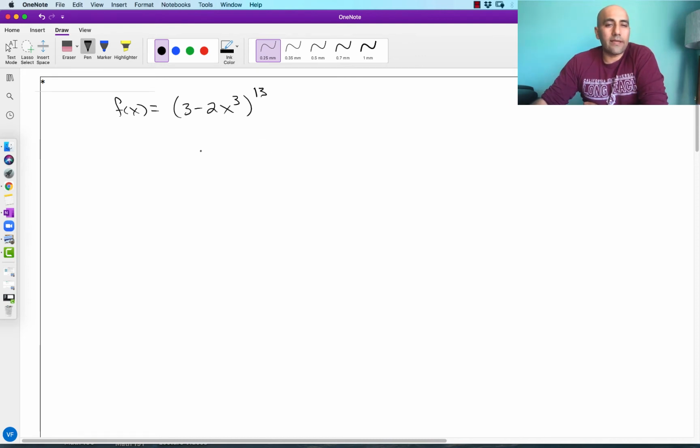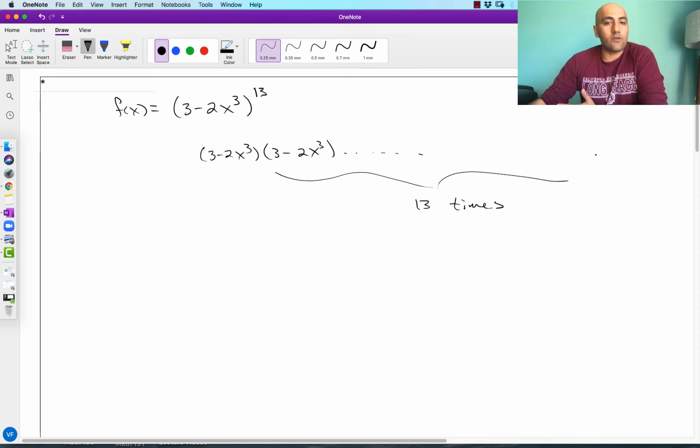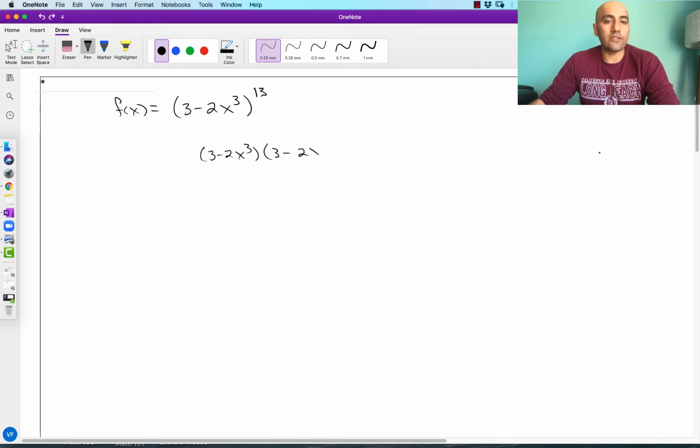That's multiplying 3 minus 2x cubed times 3 minus 2x cubed, 13 times. You know that's going to take you forever to figure out, likely make lots of little arithmetic mistakes, and that's just not fun. You don't want to do it that way. So our general power rule is really the best way, really the only way to do this.